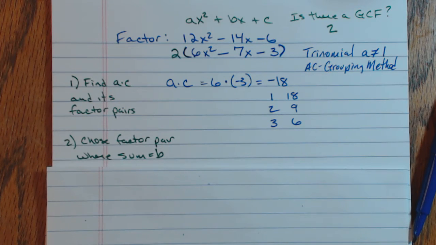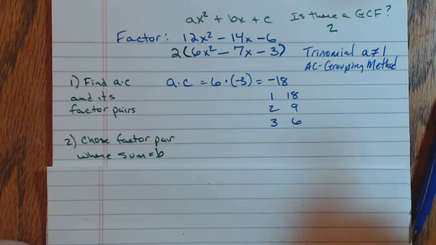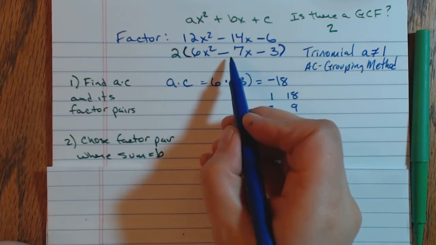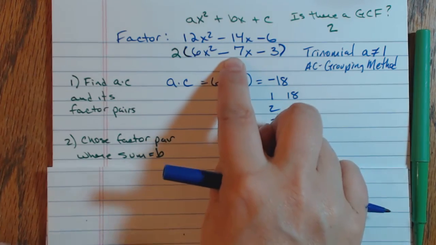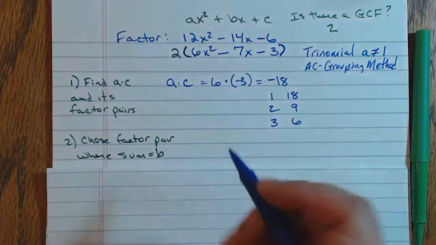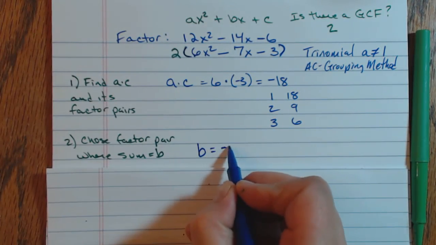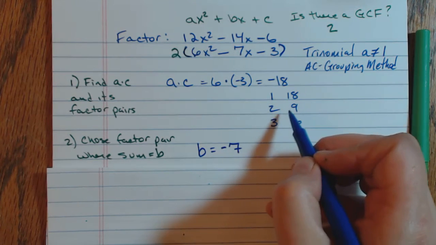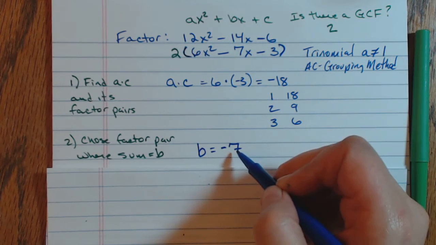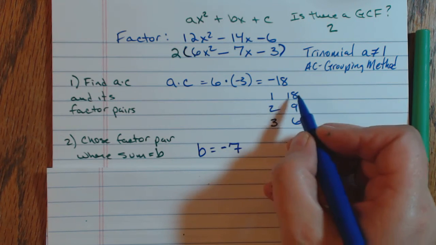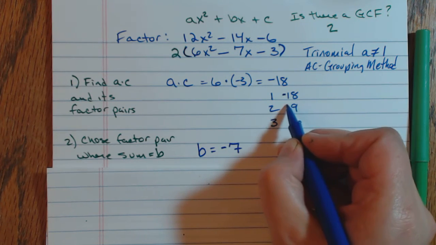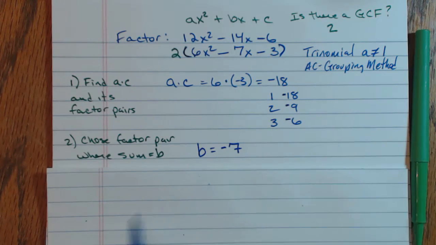So on my next step, I'm looking to choose the factor pair where the sum equals b. In this particular problem, in my trinomial that I'm factoring, b is at this point negative 7. So I'm going to have two numbers that multiply to make negative 18 and add to make negative 7. I know that if two numbers add to make a negative, the bigger of the two has to be negative.